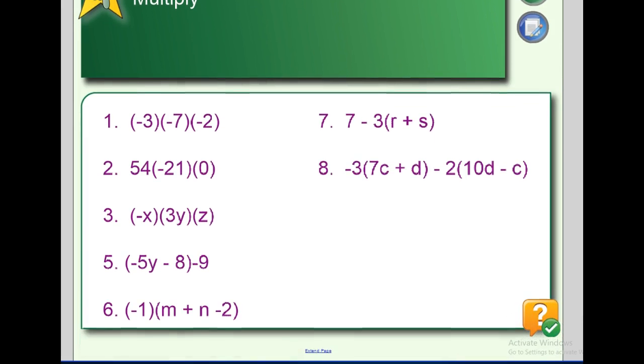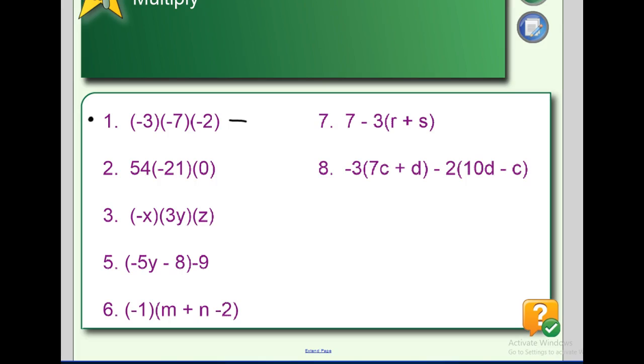If you look here, let's look at number 1. When I look at number 1, the first thing I check is my signs. Is that answer going to be a positive answer or a negative answer? Great job. Did you notice there's 3 of them? So there's an odd number. It's going to be negative. Now I'm just going to multiply the numbers together.